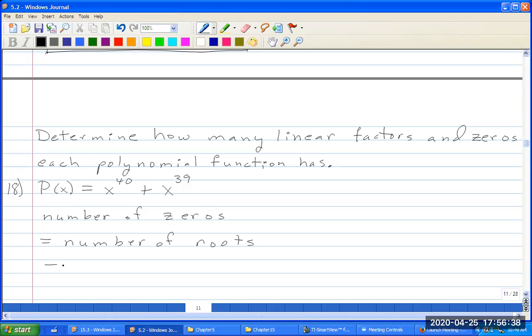Even though when I ask for a zero of a function, usually they're real.